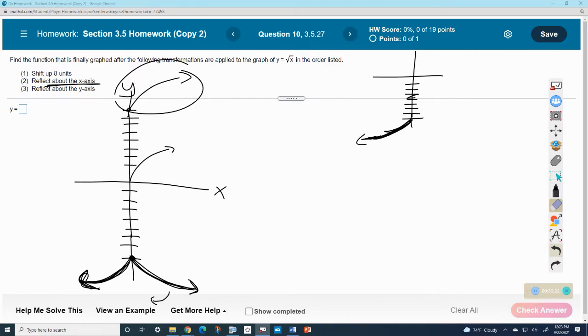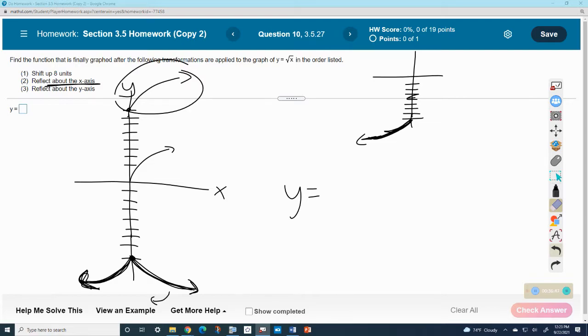So that's what I'm trying to get the equation of. Okay? So y equals, what is going to be A? All that has to happen here is a flip.